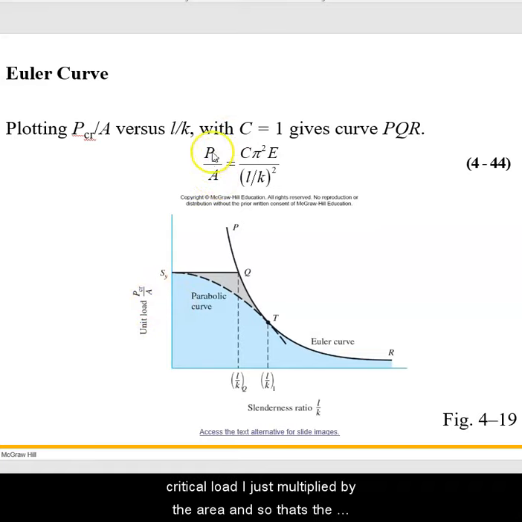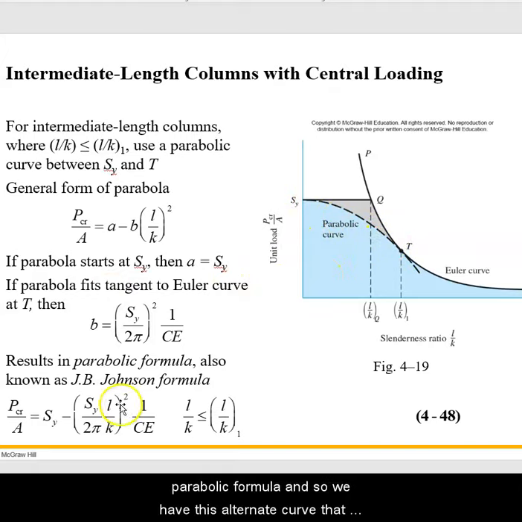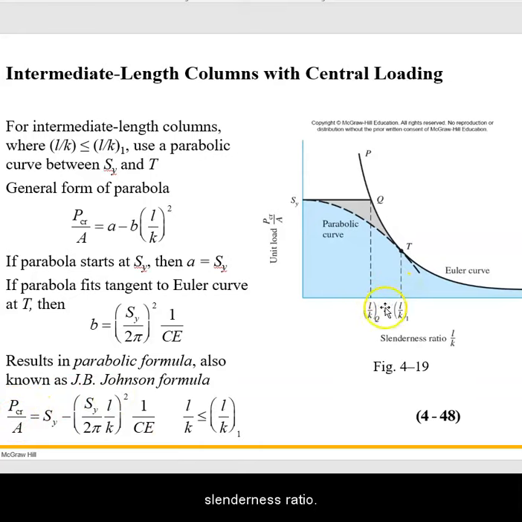When I'm looking for critical load, I just multiply by the area. That's equation 444. Then as the column gets shorter, we have these intermediate length columns. This is where we use the Johnson formula or parabolic formula. We have this alternate curve that describes the critical load for this less than the critical slenderness ratio portion here.